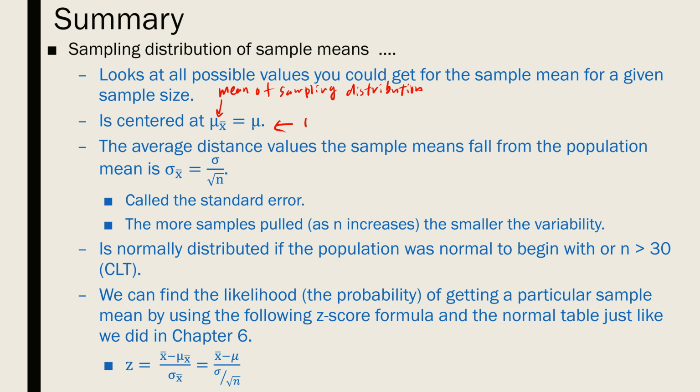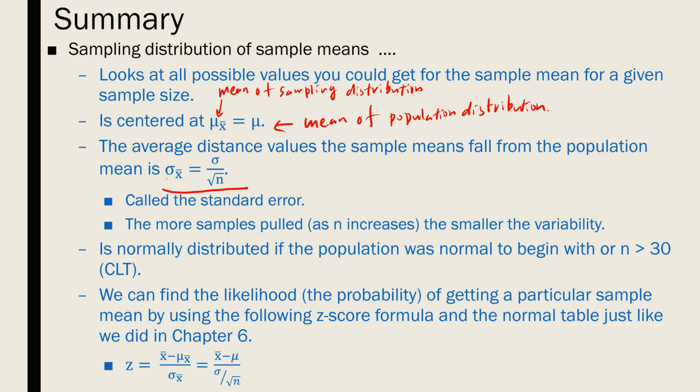The mu here is the mean of the population distribution. The average distance of the sample means from the population mean is sigma x bar.